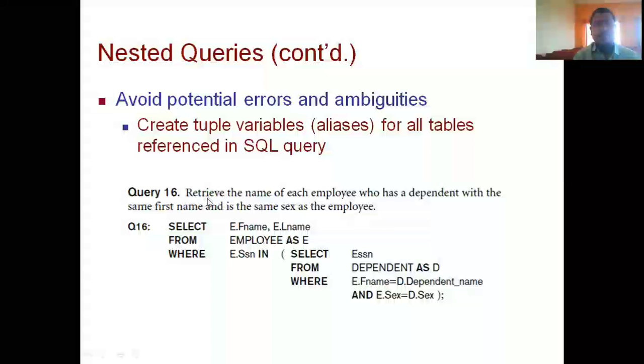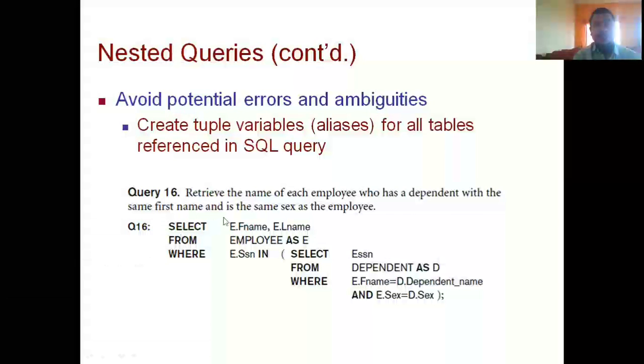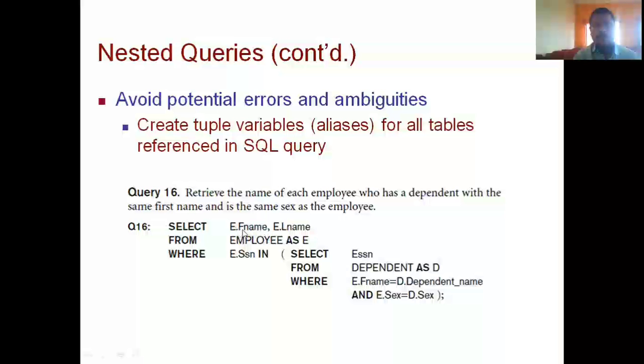You can retrieve the name of each employee who has a dependent with the same first name and the same gender as the employee. So select e.fname, where e represents the employee table, and from which table you are taking this fname attribute, we have to mention.